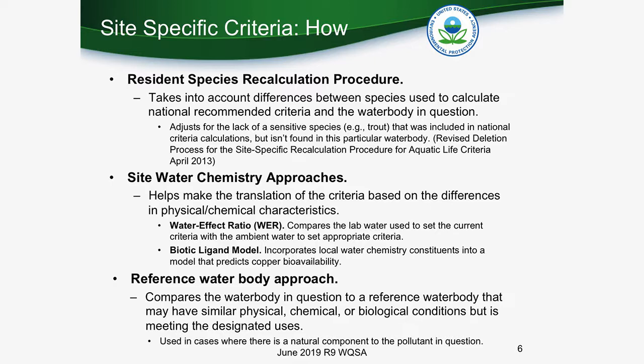So in the WER, a lot of these lab tests that we used in our criteria development were done in laboratories, right? And most streams are not laboratories. So in essence, what you're doing is you're comparing the LC50 that you get in your waters to the LC50 in lab water. And if one is higher than the other, say 2 versus 1, you get a water effect ratio of 2. Does that make sense?